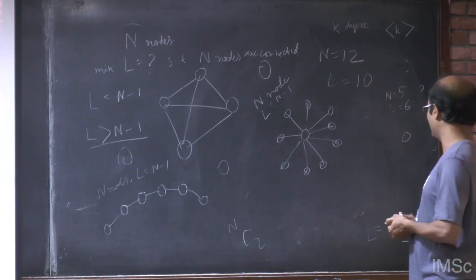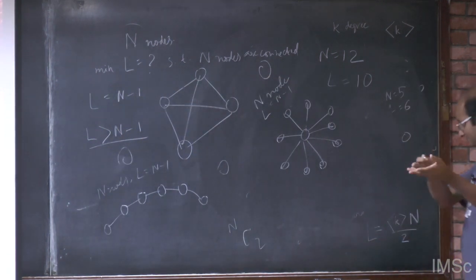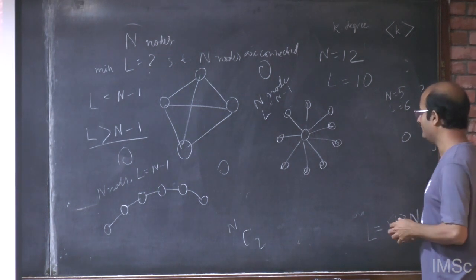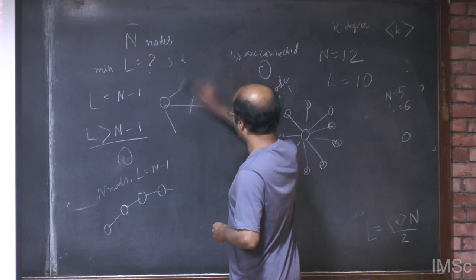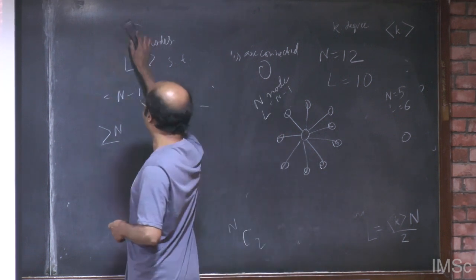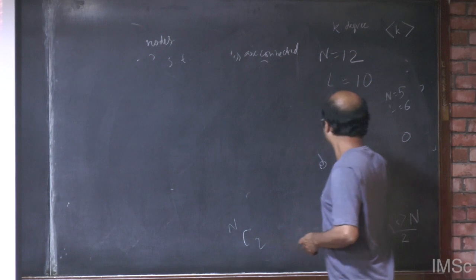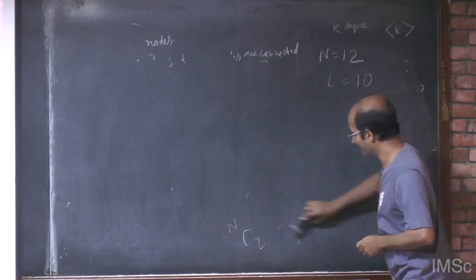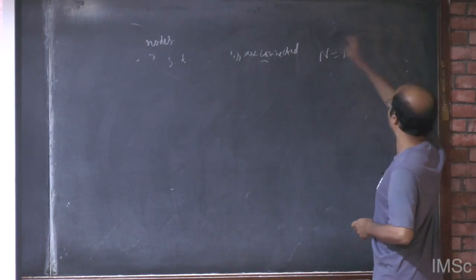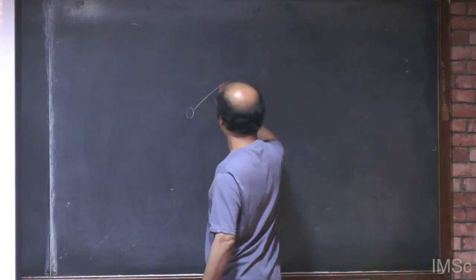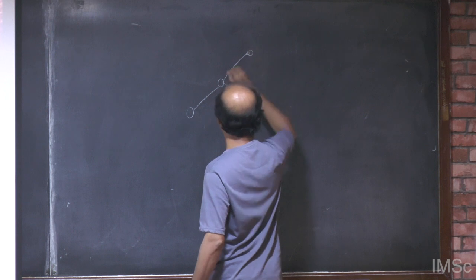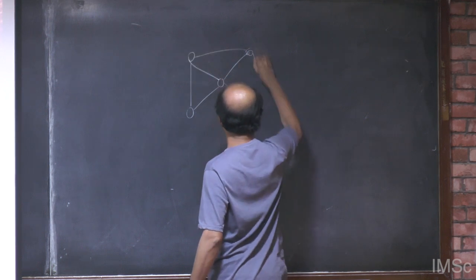Now, the specific question you asked about, why we look at the largest connected component, is because if I want to ask questions like what's the average path length of the network, I have a network which looks like this.